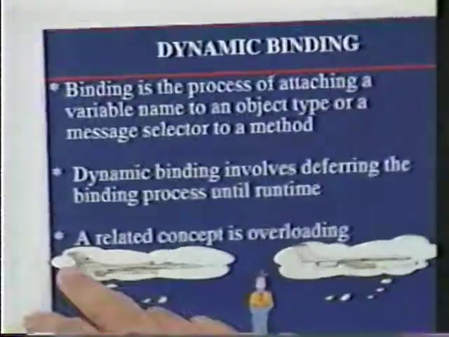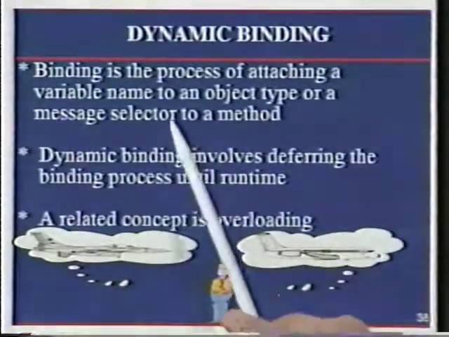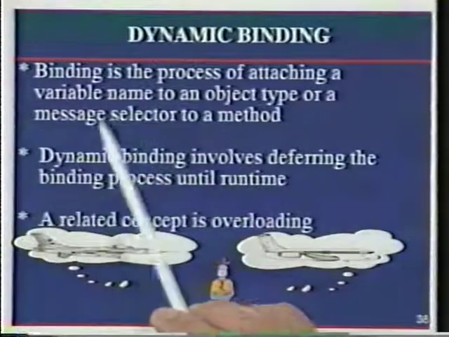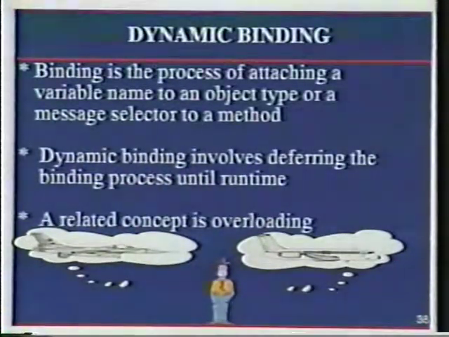So, the binding process is attached. In this case, we are attaching the method to an appropriate message selector. In the vehicle case, we attached procedure diagnose vehicle to diagnose, and in the BENZ CAR case, we attached procedure diagnose BENZ CAR to diagnose.